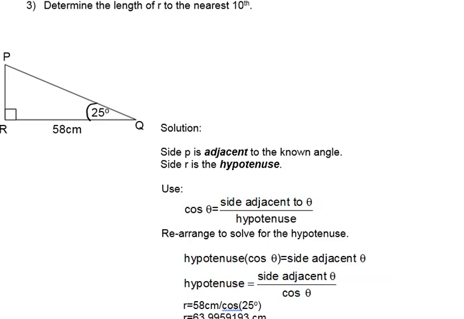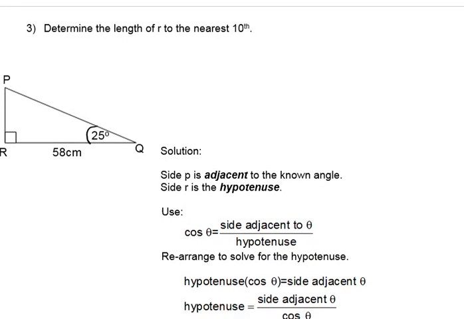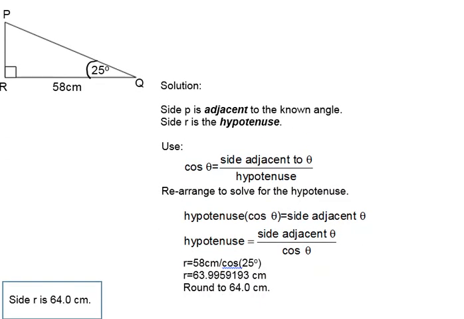When we calculate that value, 63.995, etc., it says to the nearest tenth, so we're going to round that to 64 centimeters. So there's a few quick examples to summarize right angle trigonometry.